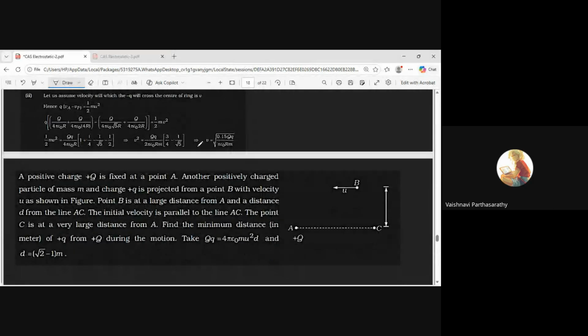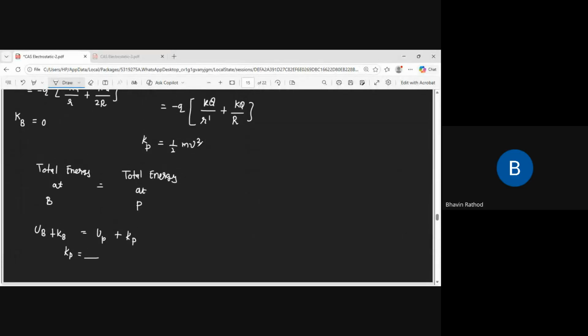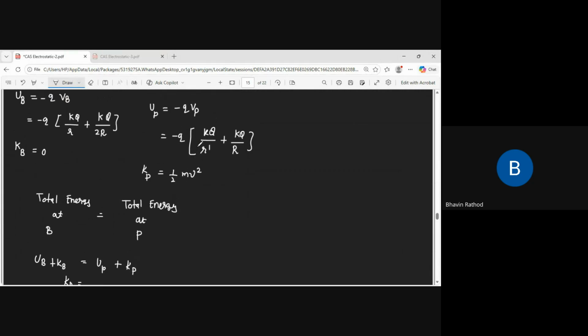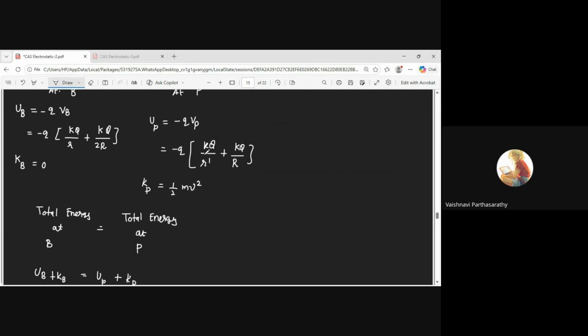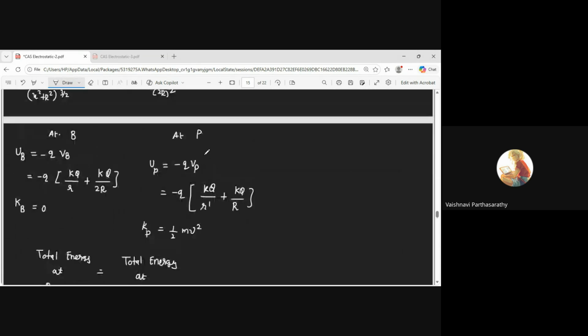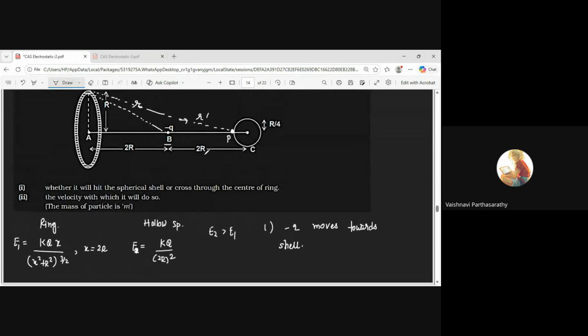Could you scroll up, please? Sure. Also, in the potential energy for P, is it not KQ by R by 4, the radius of the spherical shell?